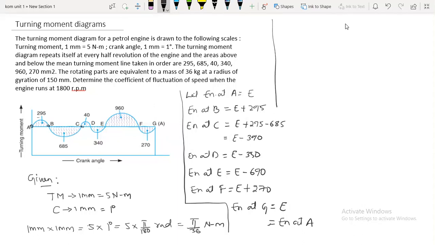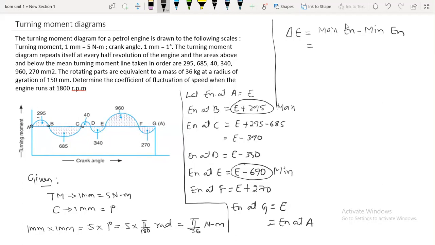Now let us find out delta E. We know that delta E is the difference between the maximum energy and minimum energy, that is maximum energy minus minimum energy. The highest positive value is taken as maximum, and the highest negative value is taken as minimum.